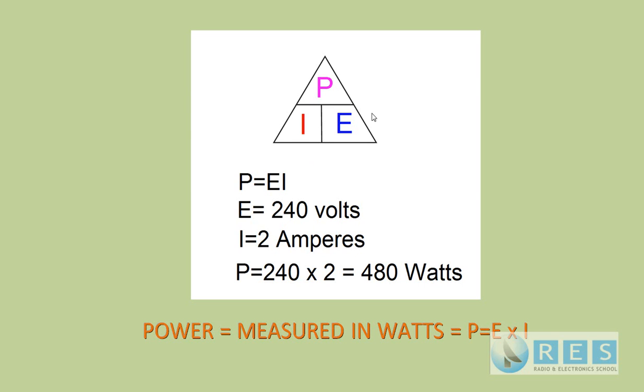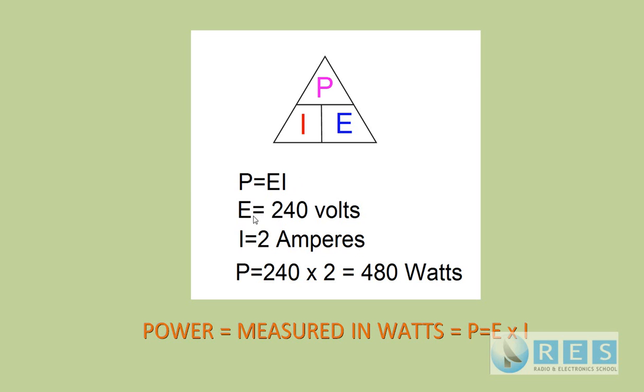So if we wanted, here's the triangle, if we wanted P, we'd put our finger on P, and P equals E multiplied by I. If we wanted E, we'd put our finger on E, and E equals P divided by I. If we wanted I, put our finger on I, and I equals P divided by E. We're going to do a calculation for power.